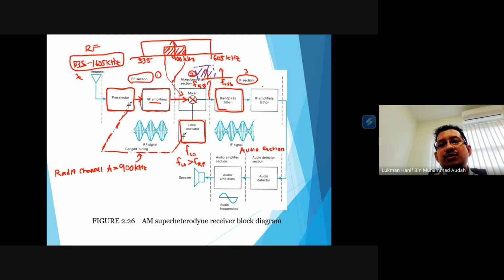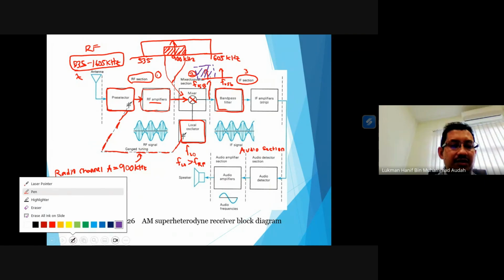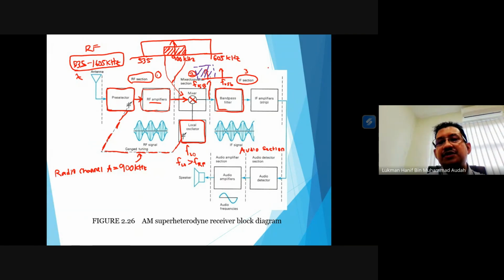So in the IF section, I already have a small portion of low frequency signal from the band pass filter, which is this one.